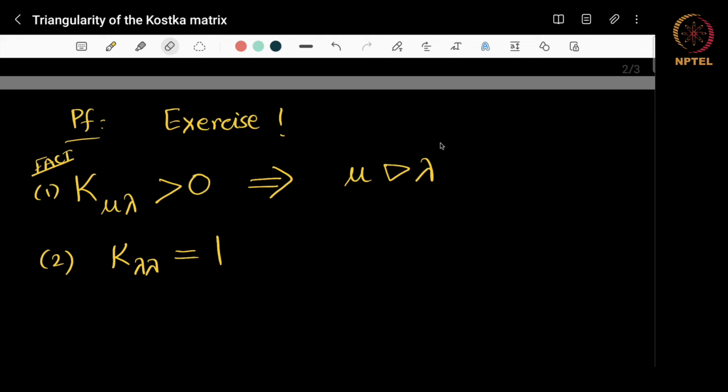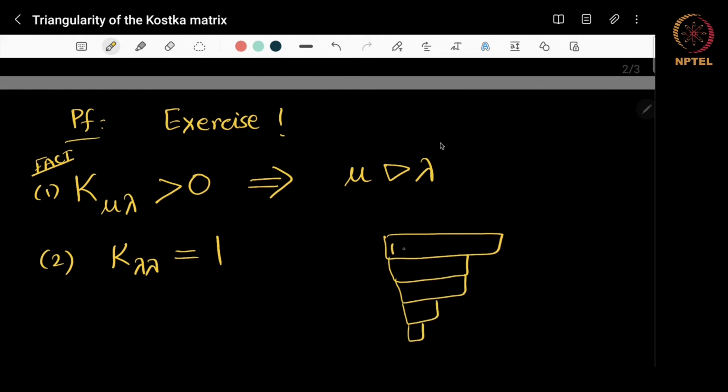Now why is this? Because what does this mean? This says you have to try and manufacture a semi-standard Young tableau whose shape is lambda and whose type is also lambda. What does that mean? You must fill the shape of lambda with lambda 1 1s, lambda 2 2s, and so on.